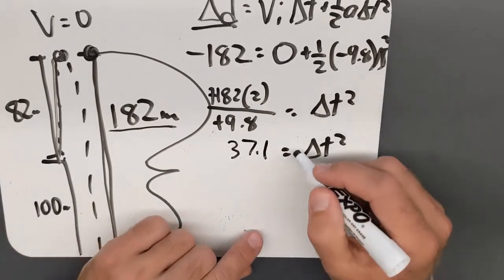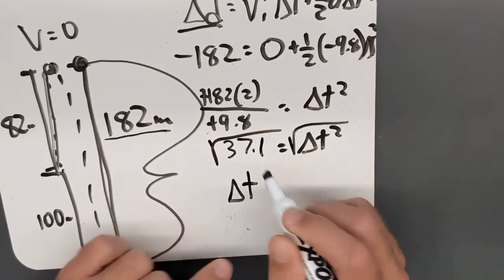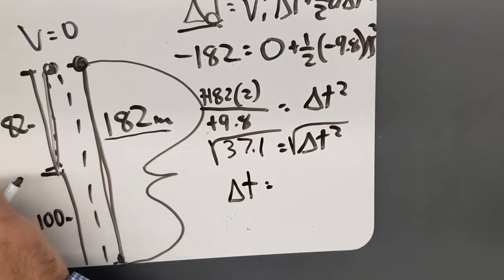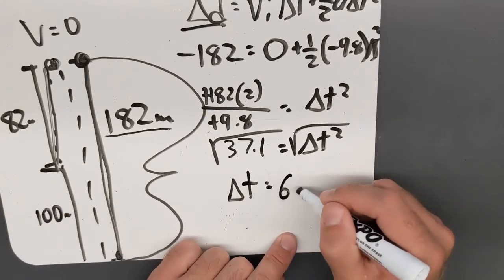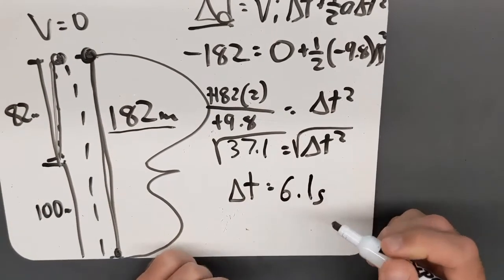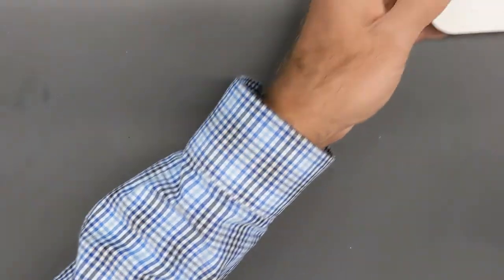All right, now I square root both sides to get rid of that squared. I'm left with delta T equals 37.1 square rooted, 6.1 seconds. Okay, so let me go back to my diagram and stay organized here.